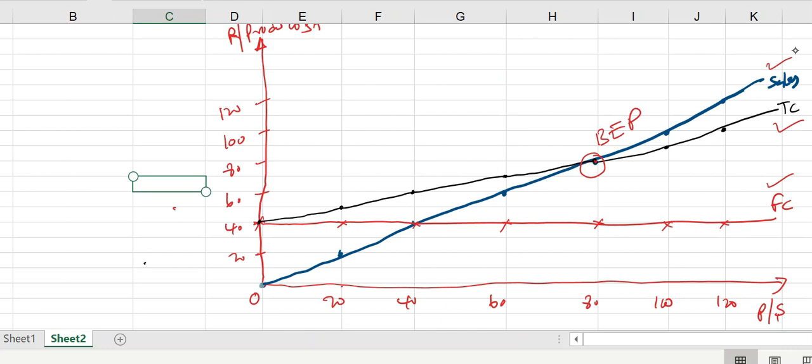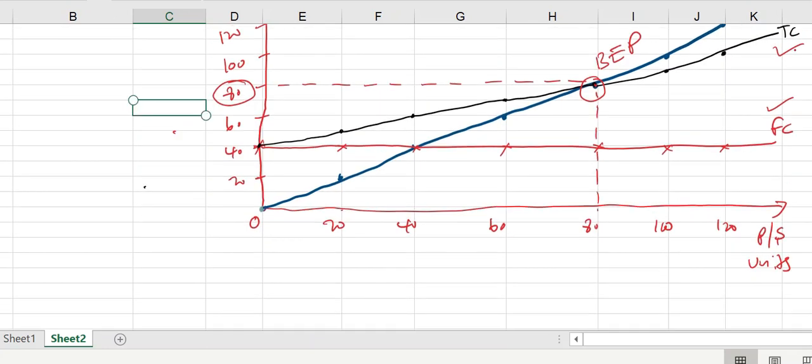So what is the point? So this is the intersection between the sales and the total cost line. So which is how much? 80,000 units, and the sales revenue will be $80 million. So this is in millions.